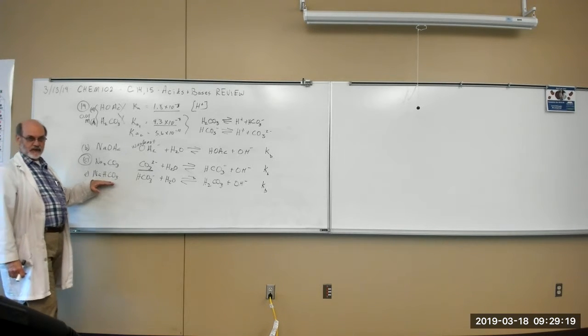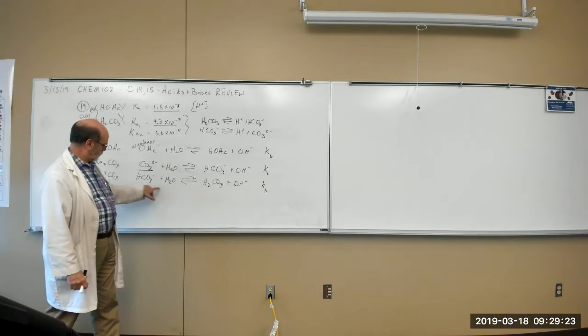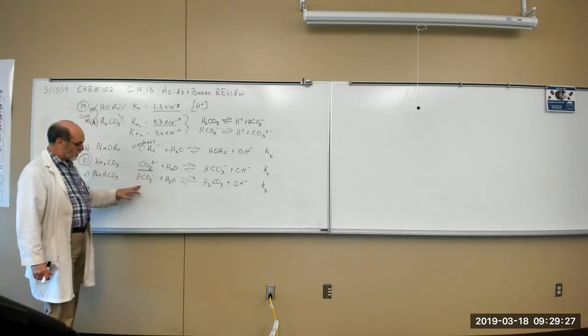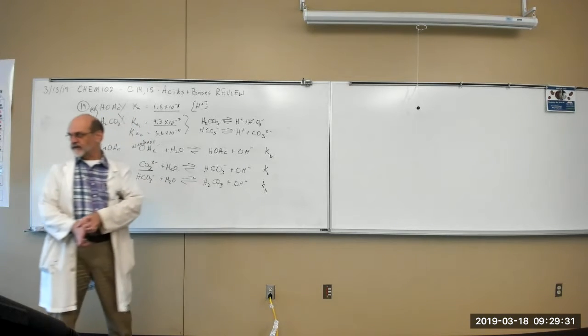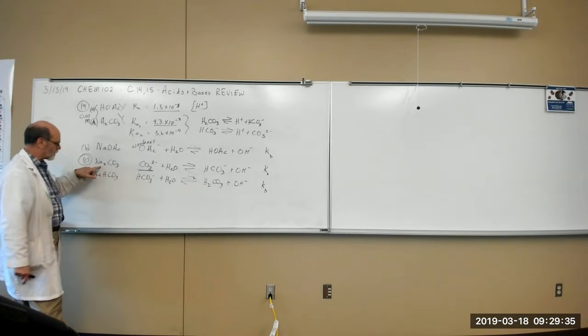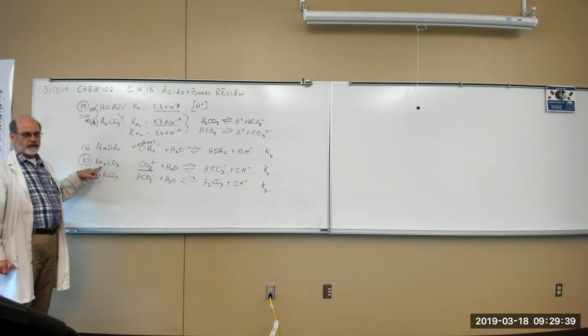Right. So you put that in solution, and it reacts with water to produce that. Or if you put it in there with another acid, it reacts to produce CO2 that makes your bread rise. Your quick bread rise. This one is sodium carbonate. Most people don't come into contact with this one because it's very corrosive.